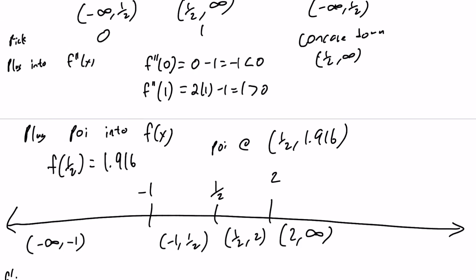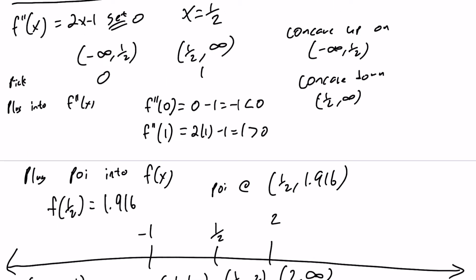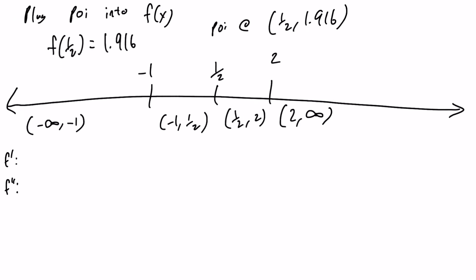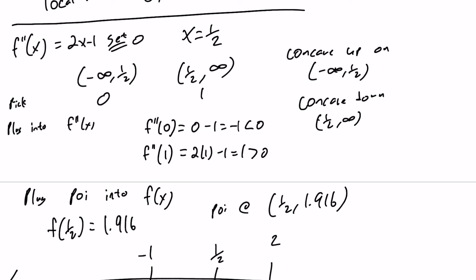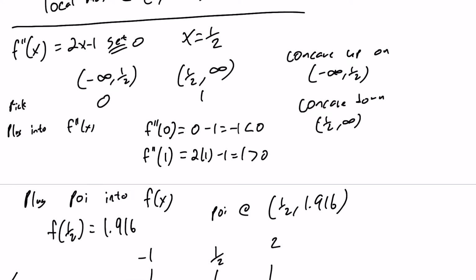Okay, since we're right here, let's take a look at f double prime. We're concave down on everything less than 1/2 and concave up on the interval from 1/2 to infinity. So that means for things that are less than 1/2, intervals here and here, the second derivative is negative on both places. Shoot, I mean negative.